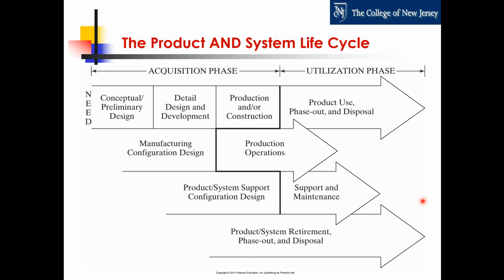So for example, for production operations, which is that third big step, during conceptual and preliminary design and being executed during the detailed design, we are going to be looking at aspects of manufacturability so we can start designing the manufacturing configuration so that the design not only works, but also can be manufacturable.